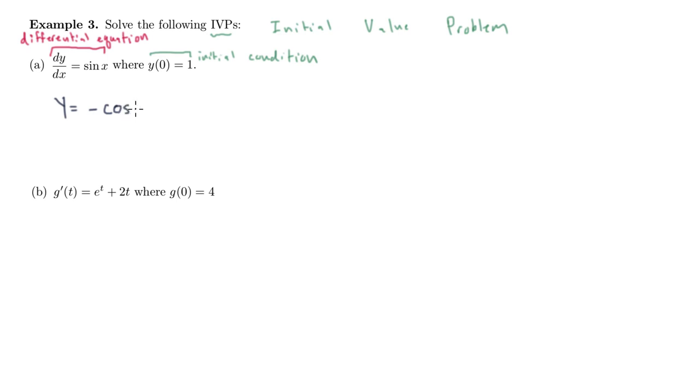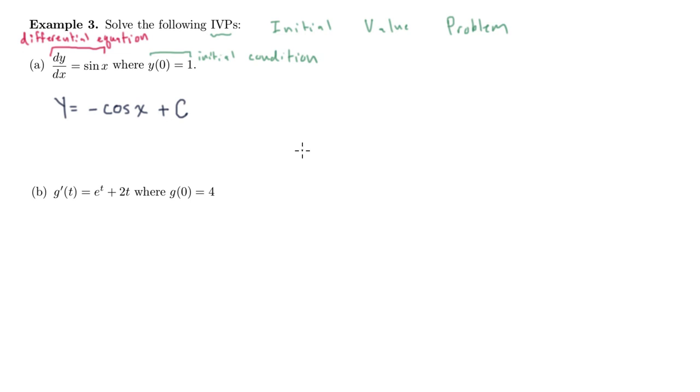So the function is going to be negative cosine x. And the reason it's negative is because the derivative of cosine is negative sine, so I need this negative to cancel out that negative sign. But now, there are lots of functions that satisfy this differential equation, but they all differ by a constant plus c.